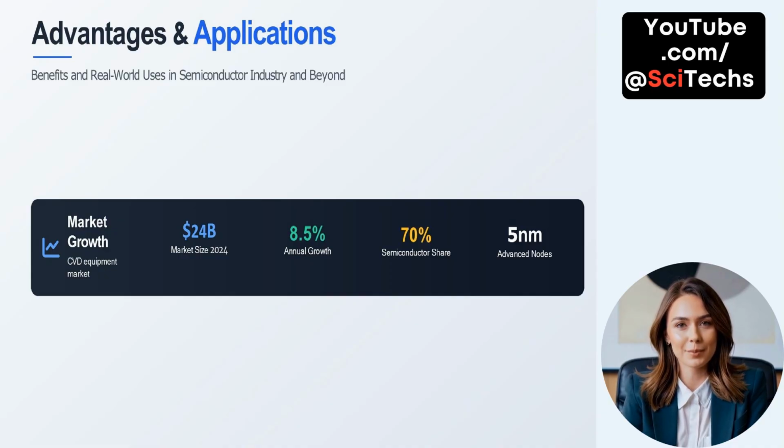This growth is driven by increasing complexity in device architecture and the need for ultra-thin, high-purity films. The annual growth rate stands at 8.5%, showcasing the industry's confidence in CVD as a scalable and reliable deposition method. Notably, about 70% of this market is directly tied to semiconductor applications, which include transistors, interconnects, and advanced packaging.